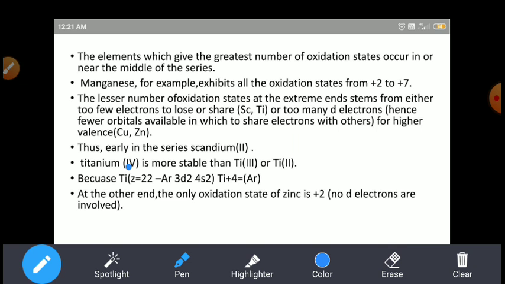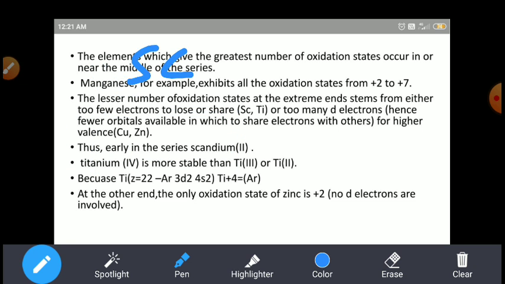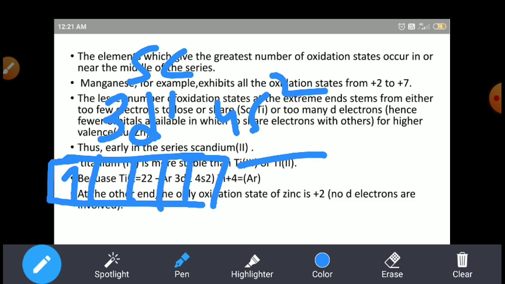Early in the series, scandium shows +2. Its configuration is 3d1 4s2.